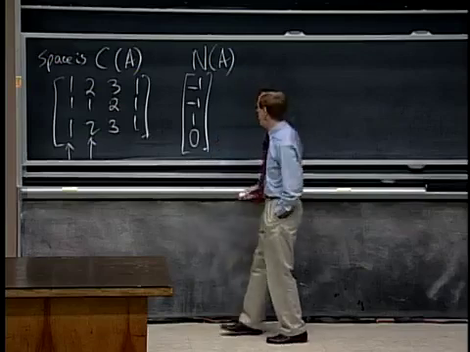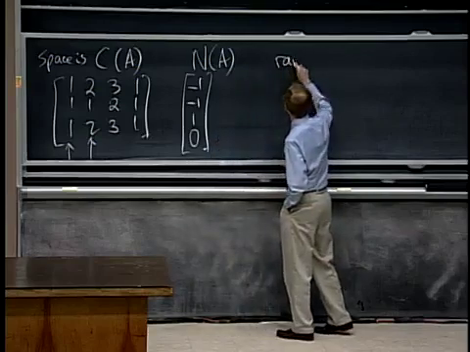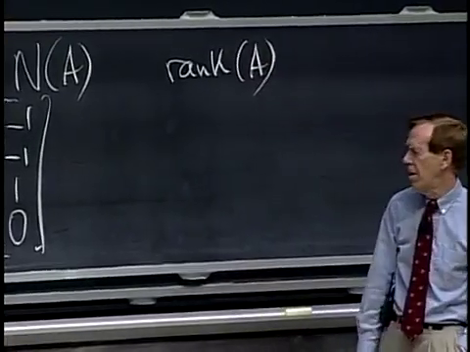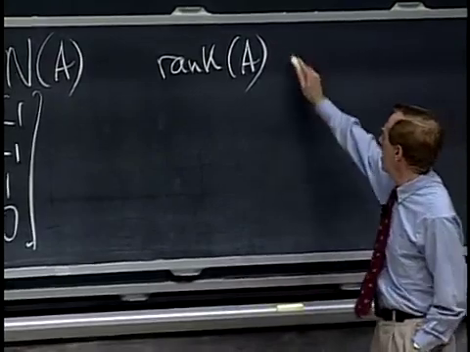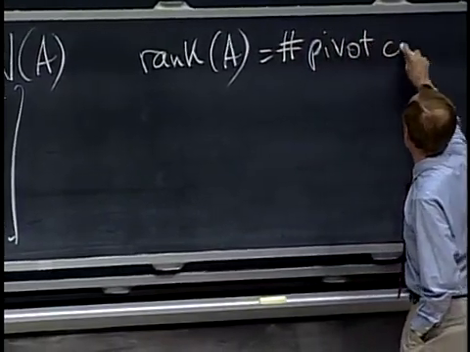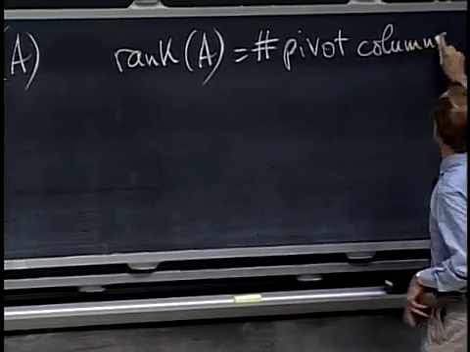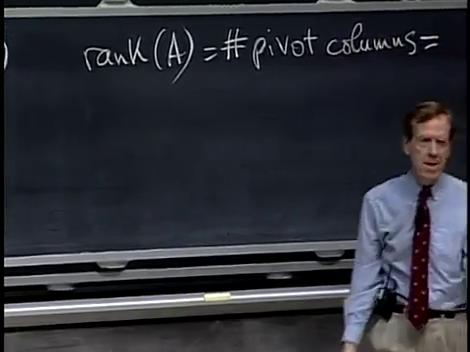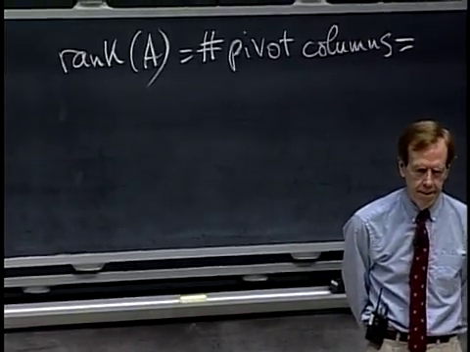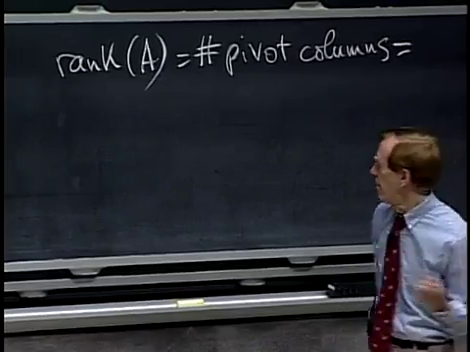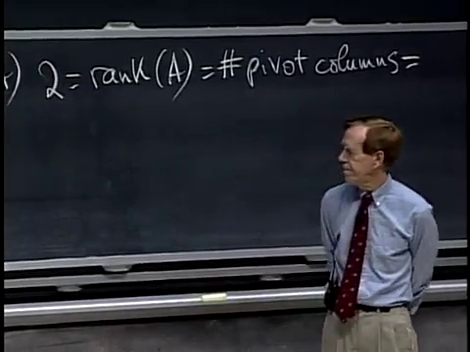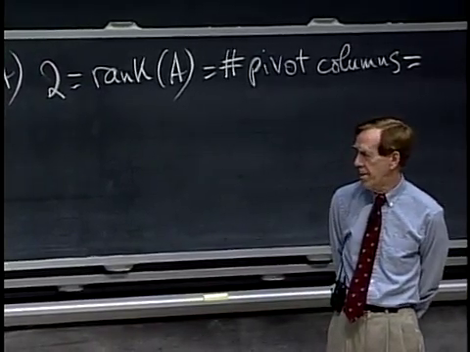And now that rank is also, we now have another word. We have a great theorem here. The rank of A, that rank r, is the number of pivot columns, and it's also, well, so now please use my new word. It's the number 2, of course. 2 is the rank of my matrix.